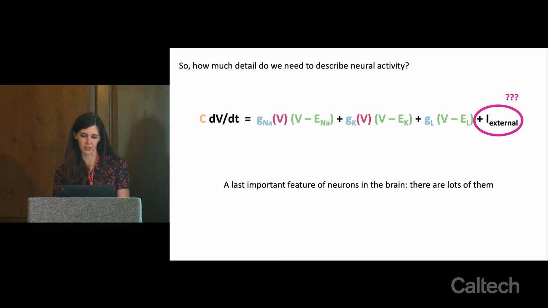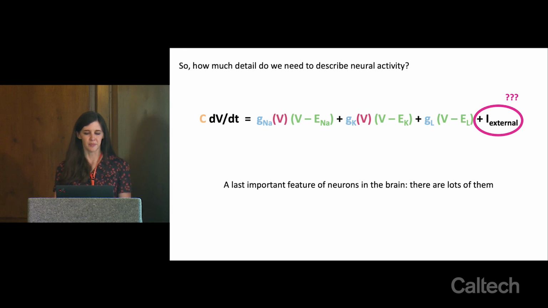That's pretty much it. I think all I had left was just a preview for the afternoon. So going back to this question of how much detail you need to describe neural activity, should you be modeling ion channels? Should you be modeling spikes or firing rates? As David alluded to, an important feature of neurons in the brain is that there's lots of them, and that these models were mostly fit based on a neuron that you're patching onto where you're controlling the current input. Most of the time, you can estimate all of these conductance parameters and these Nernst potentials.